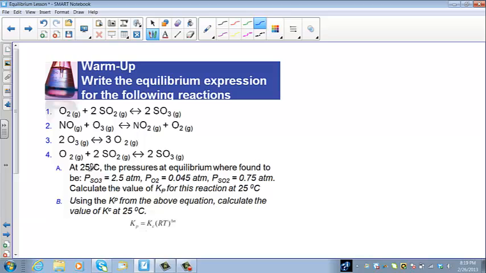Okay, so let's just do a few of these. Write the equilibrium expressions for each of the following.